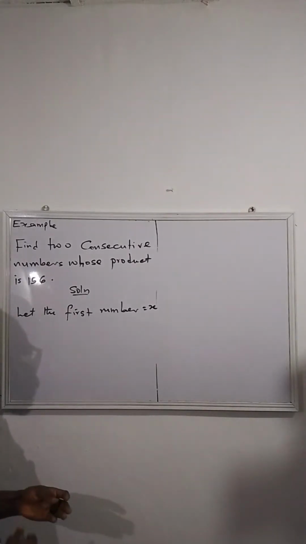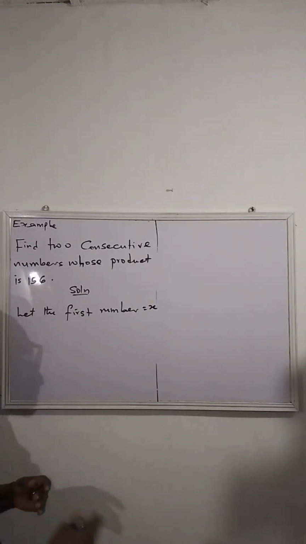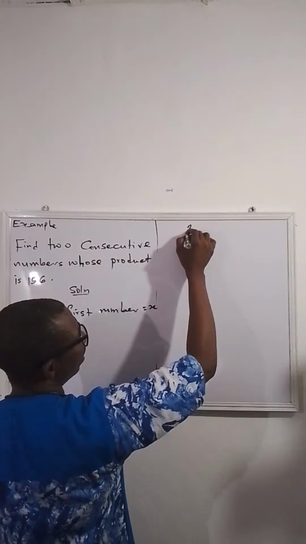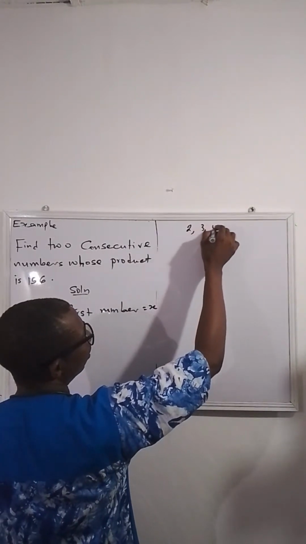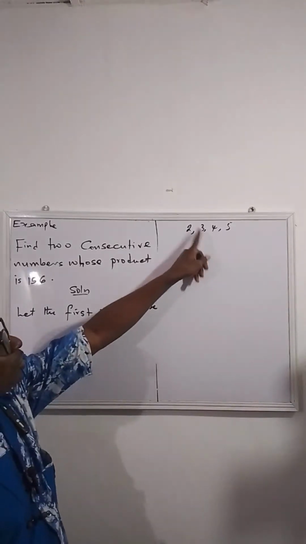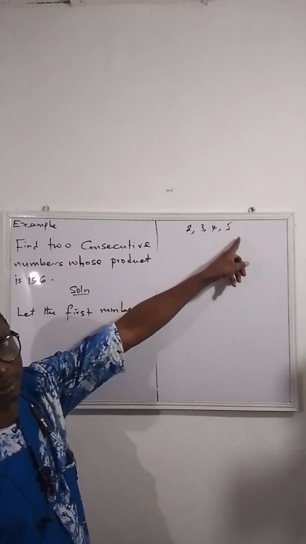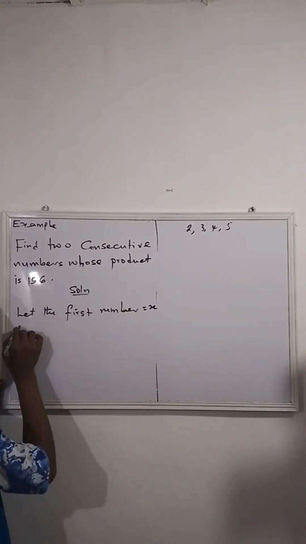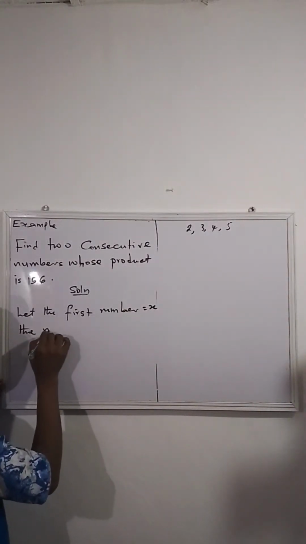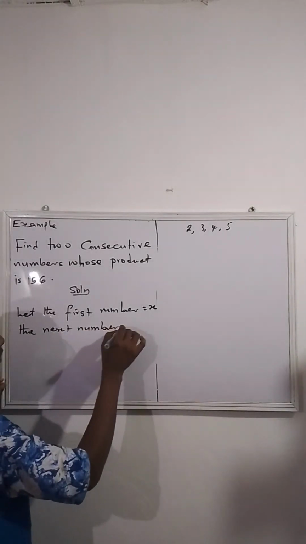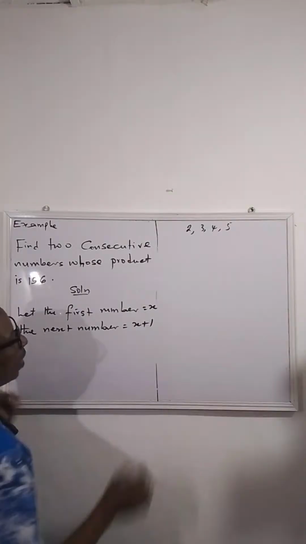Since it is consecutive, it's going to be x plus 1. I've given you an example of consecutive numbers: 2, 3, 4, 5. You can see each is increasing by 1. So if this is the first number, the next number will be x plus 1.